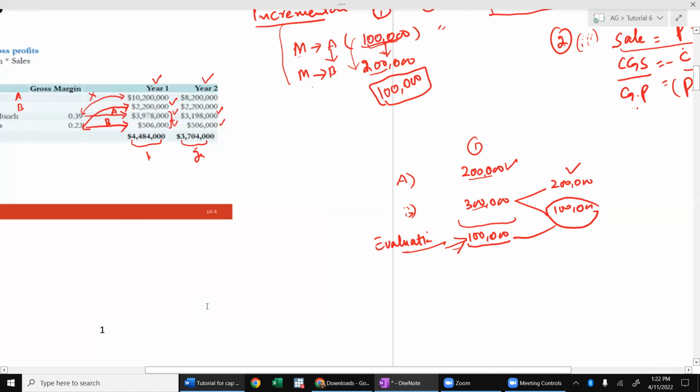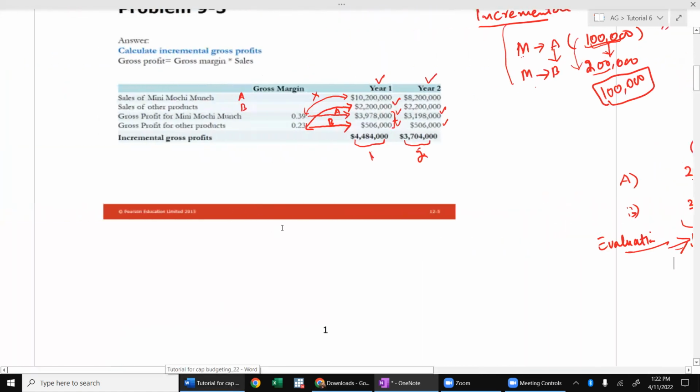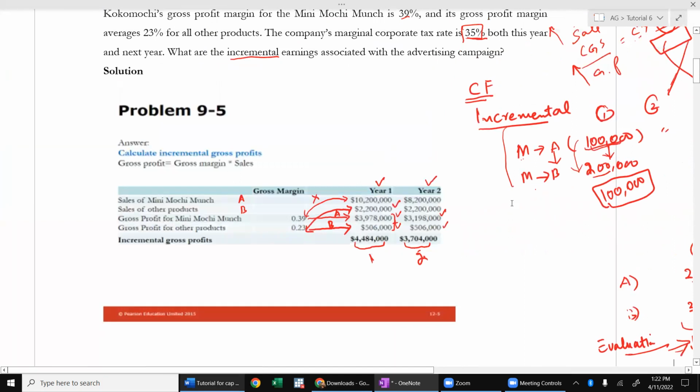Now, when we discuss the question, you will see, I will explain it with the real example that is given here. As you can see, by launching a new product, Mini Mochi Munch, the sale of the other product also increased, right? So that is why the gross profit margin also increased.